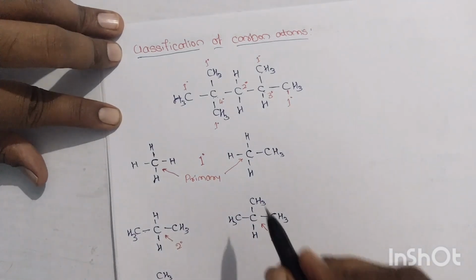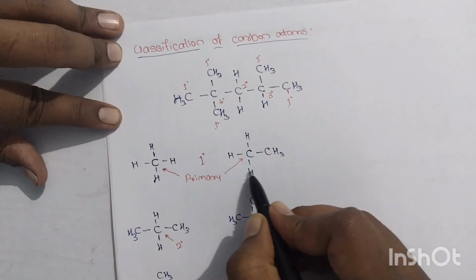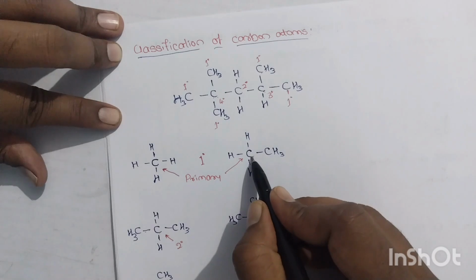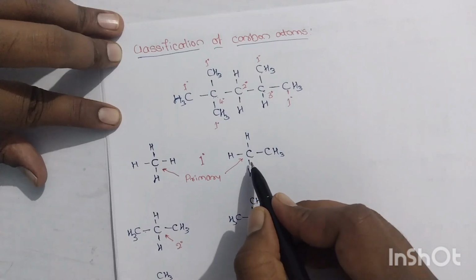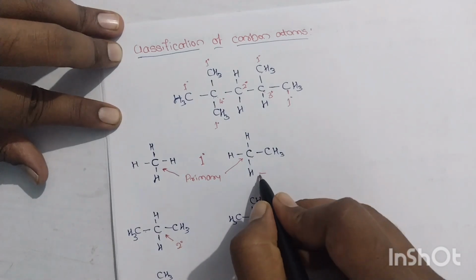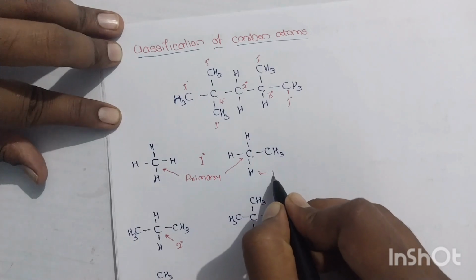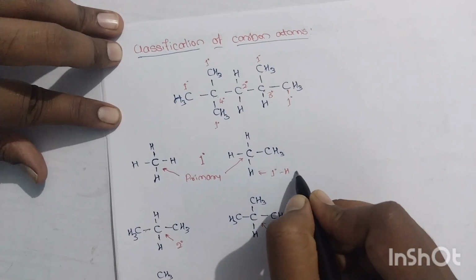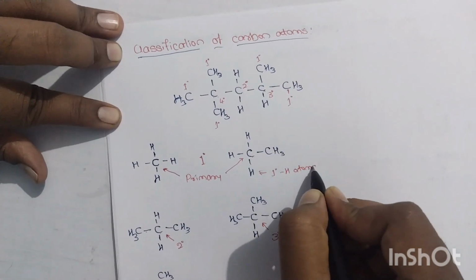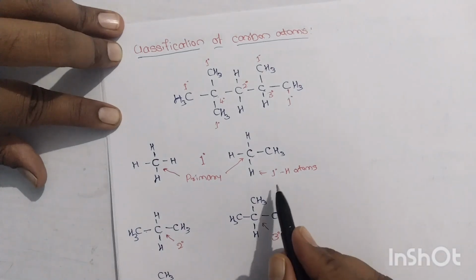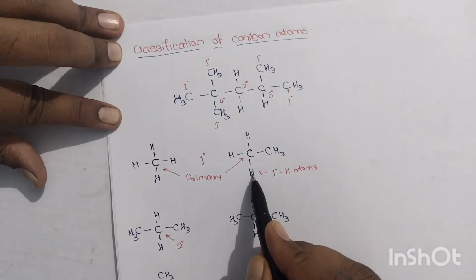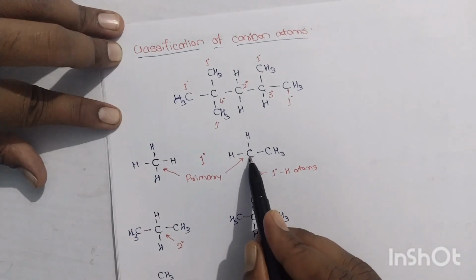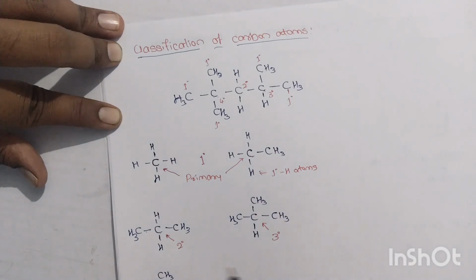Then what about hydrogens? These hydrogens which are attached to primary carbon atoms are called primary hydrogen atoms. Why are these called primary hydrogen atoms? Because these hydrogens are attached to primary carbon atoms. And what about this?